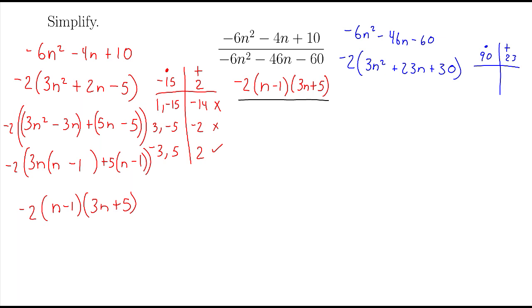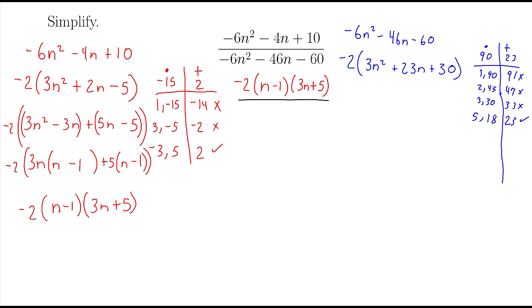So 1 and 90, that's 91. That's not good. We could do 2 and 45, that's 47, not good. We could do 3 and 30, that'd be 33. Not so good. We could do 5 and 18. There we go.